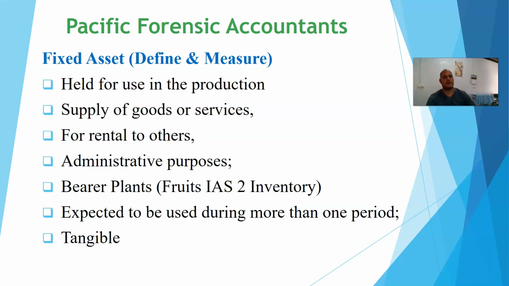We can easily think about delivery trucks, factories, or for printing companies, photocopiers, printers, or computers. For poultry farmers, for example, we can talk about the equipment that holds the chicken feed and water and so forth. These are examples of what it means to be held for use in production.